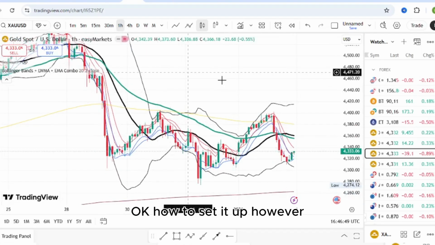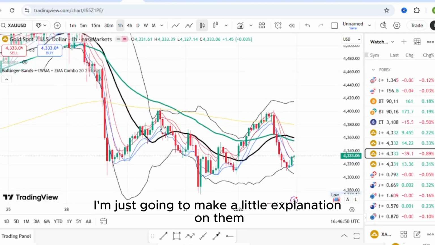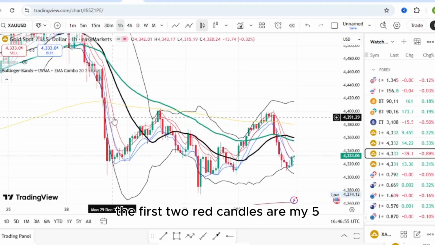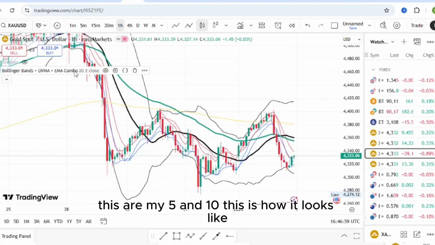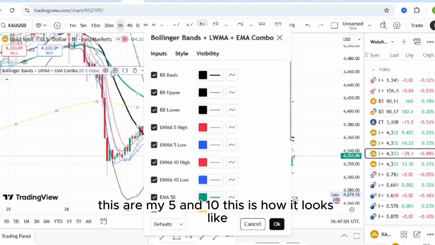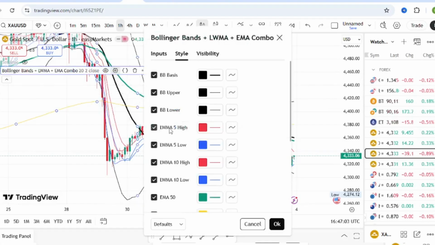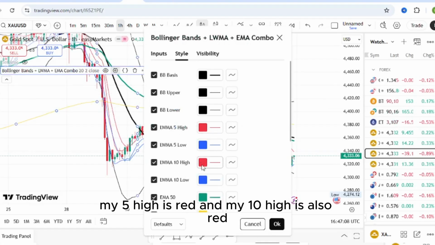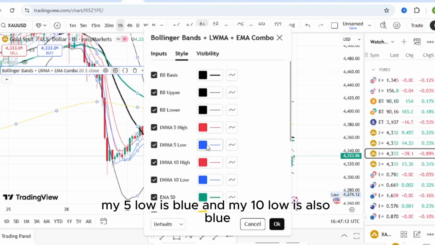However, I'm just going to make a little explanation on them. The first 2 red lines are my 5 and 10. This is how it looks. Let me go to my settings. My 5 high is red and my 10 high is also red. My 5 low is blue and my 10 low is also blue.